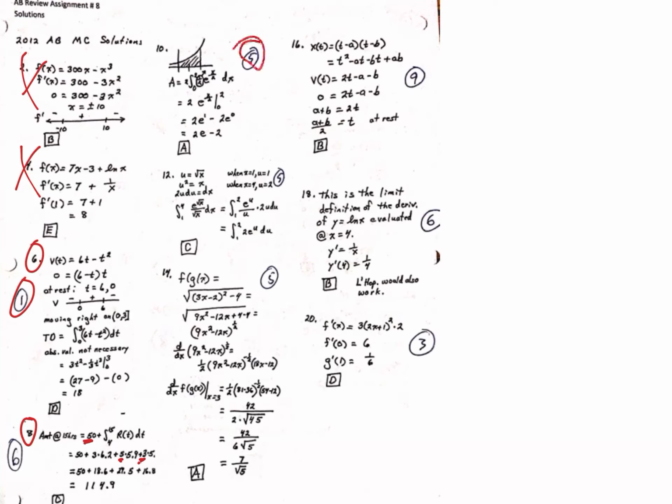Number 10 had 5 people that wanted help. That's find the area of the region in the first quadrant, bounded by y equals e to the x over 2 and the line x equals 2.